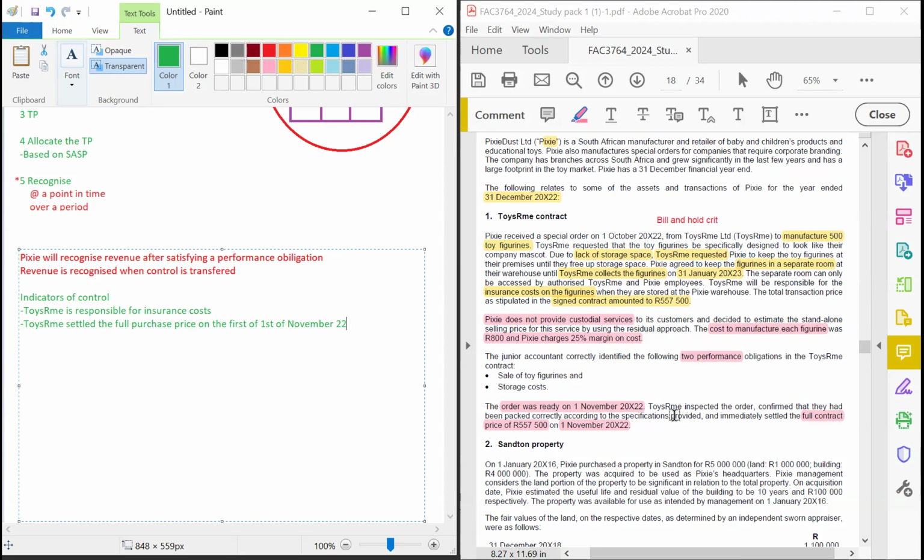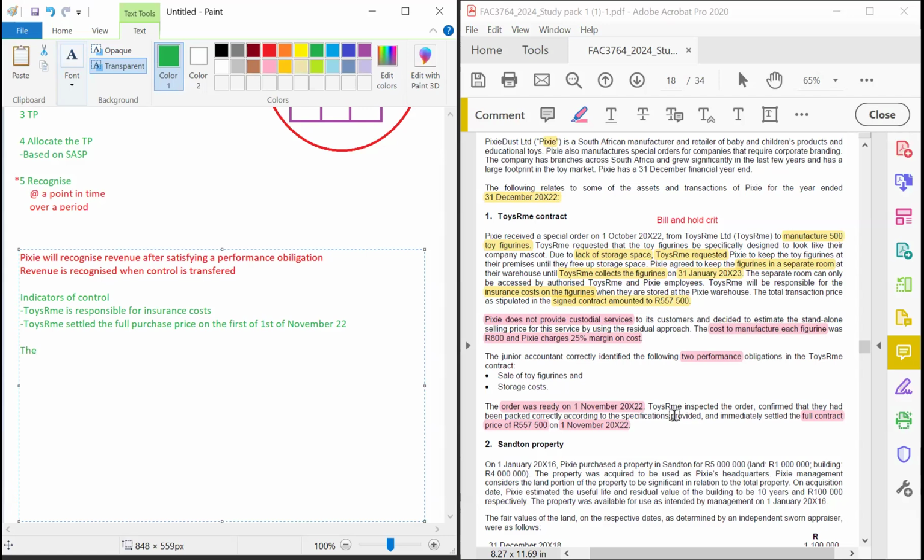Now, since Pixie is going to hold this in their storage for Treasury, this product will remain in custody of Treasury as stated in the scenario, right?